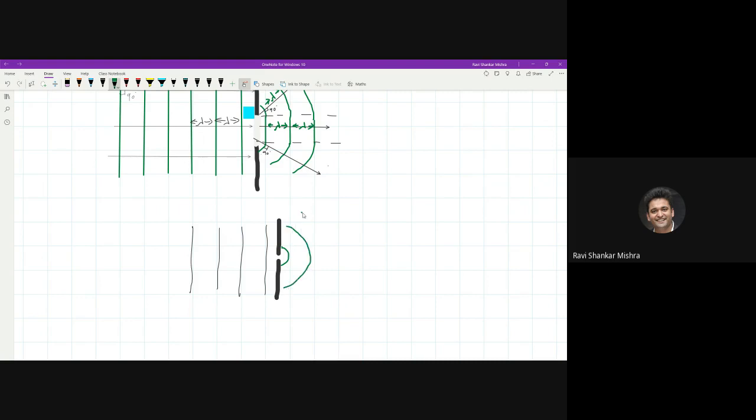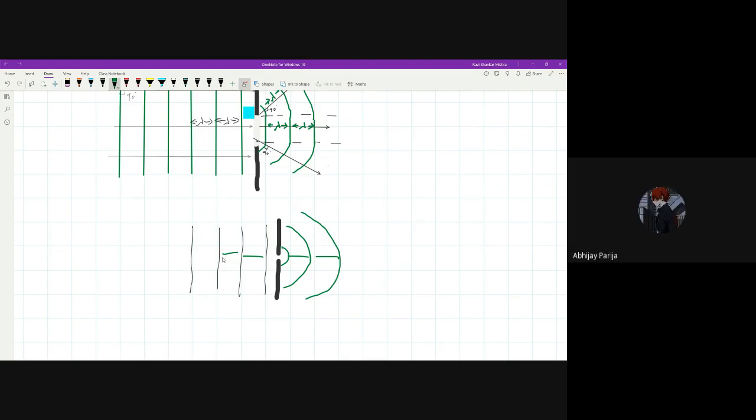You will be getting wavefronts like this. Understood? And the wavelength will still remain the same. This distance, this distance, this distance, this distance, all four distances should remain the same. Wavelength will never change in diffraction, always remember.